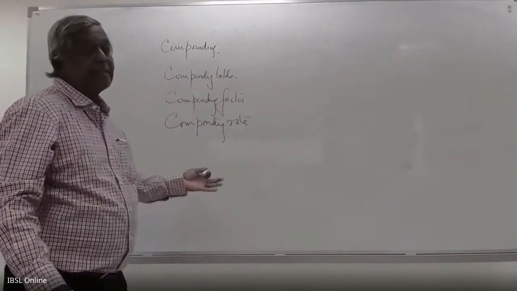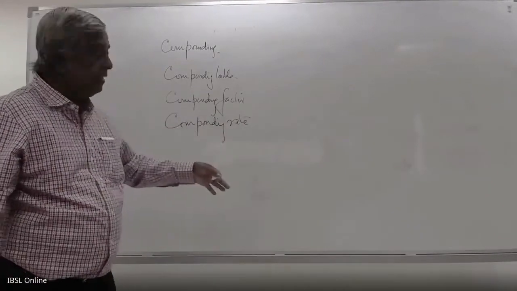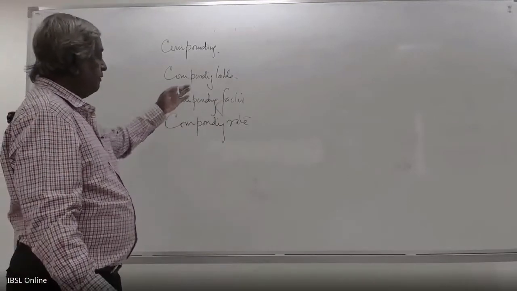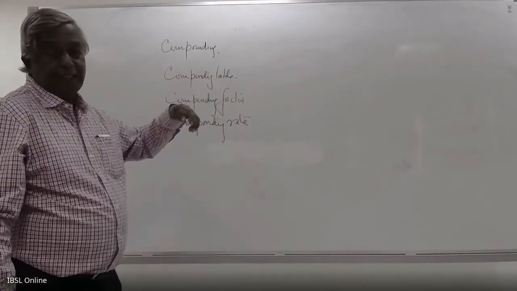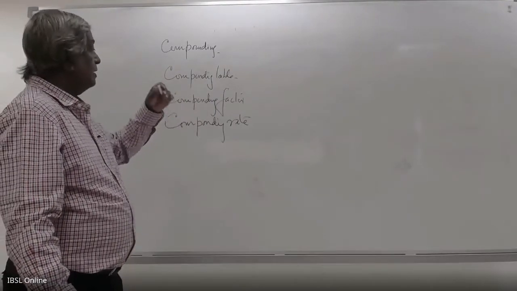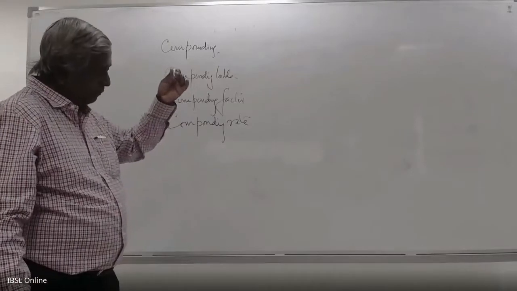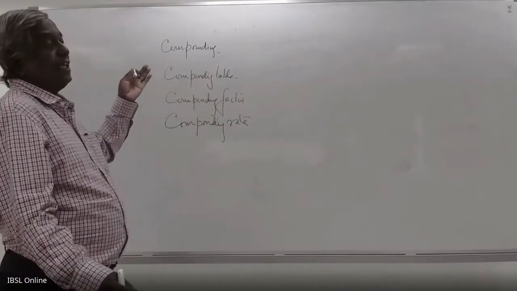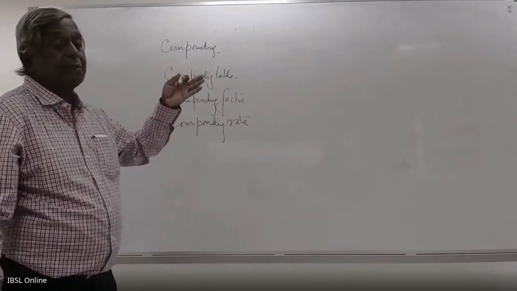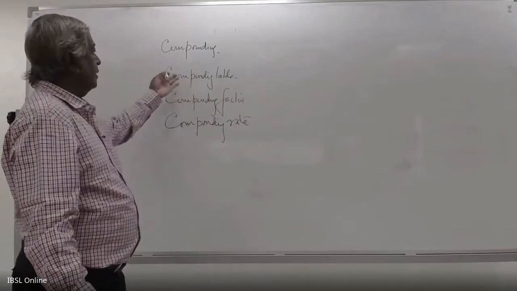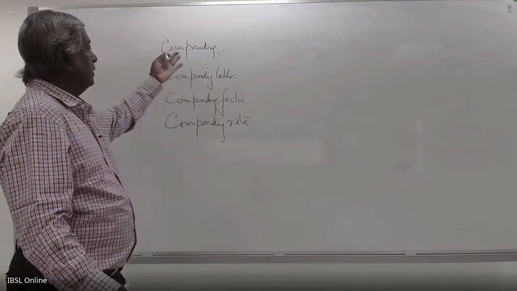The interest rate applicable in compounding is the compounding rate. In the compounding factor, when the present value is 1, the future value at various periods and various interest rates is the compounding factor. In the compounding table I have told you this.